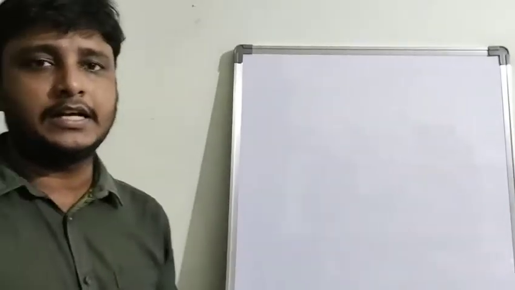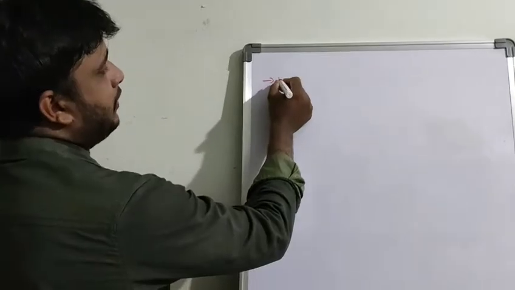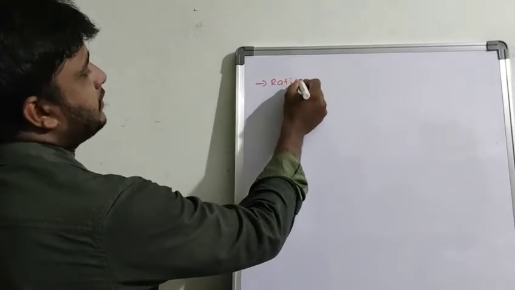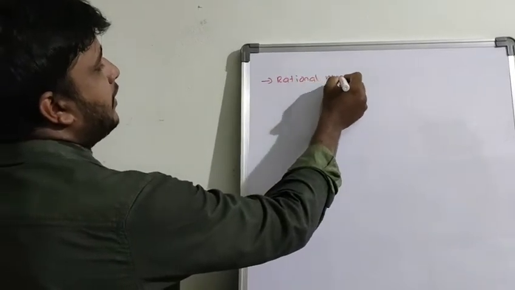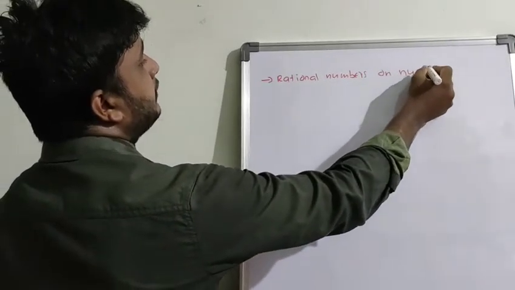So now, students, we are going to discuss how to represent rational numbers on the number line.